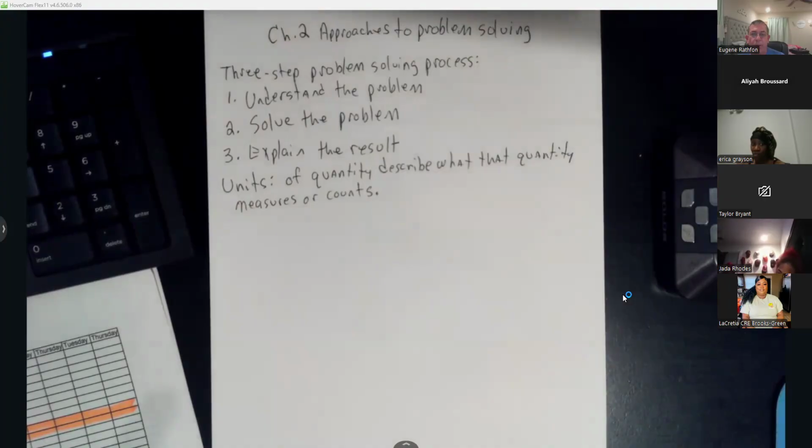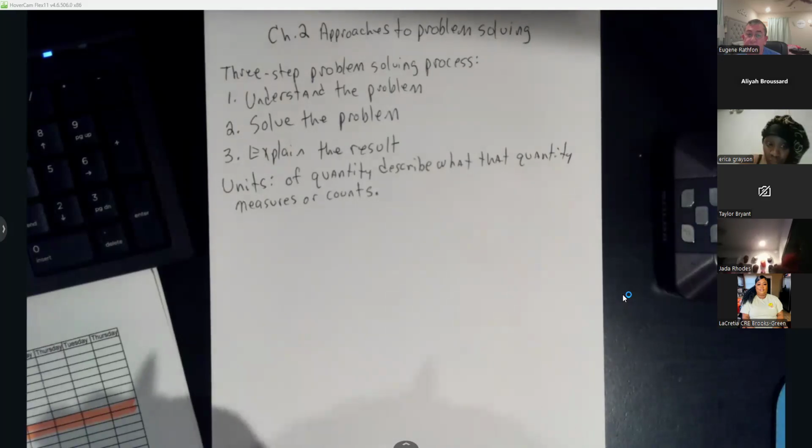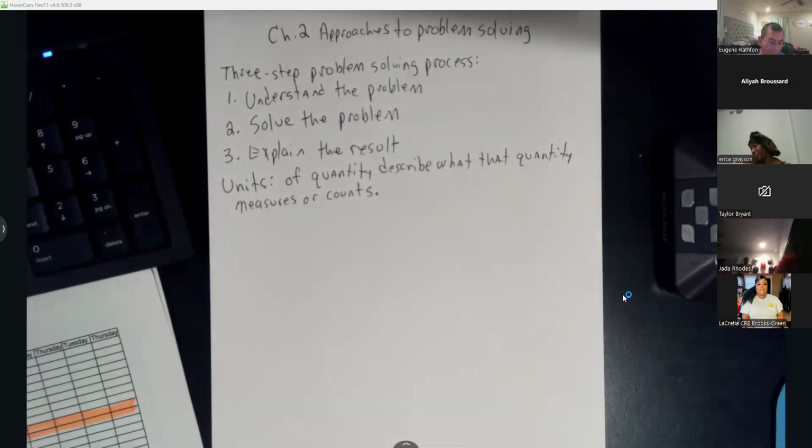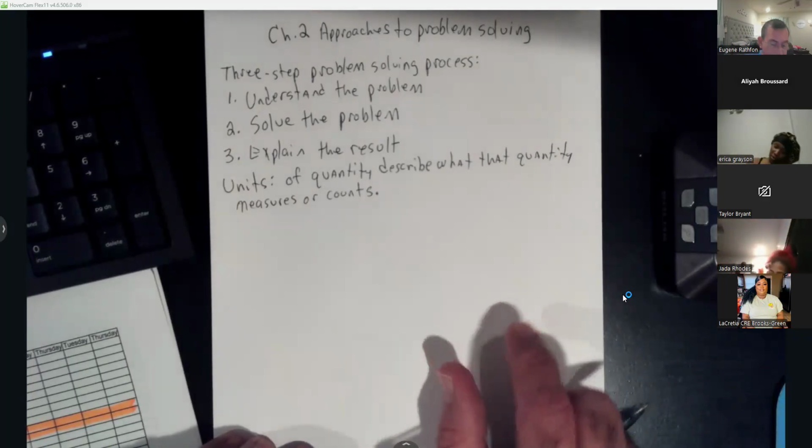Okay, so units are like feet, pounds, grams. All right, we'll get into more different units in a little bit.